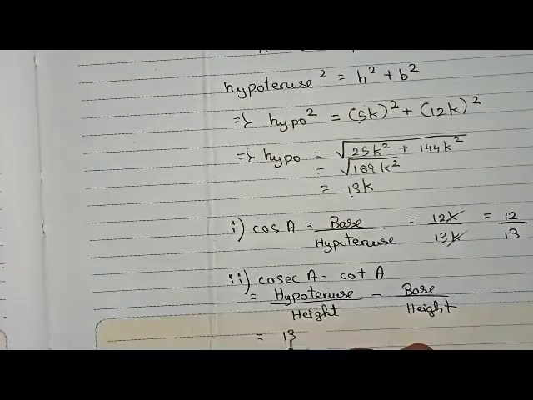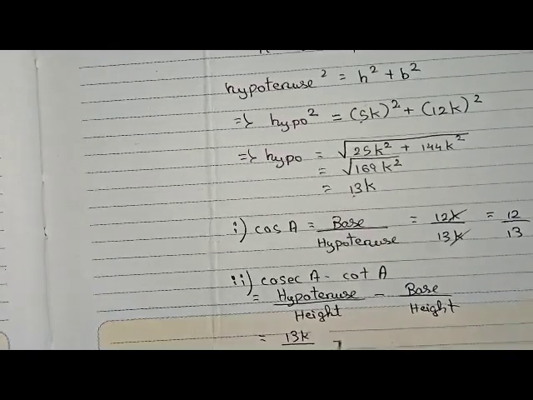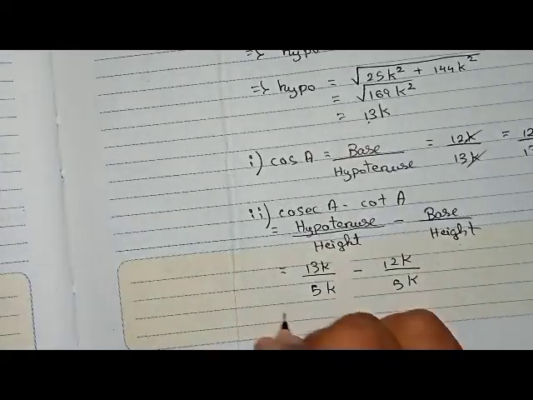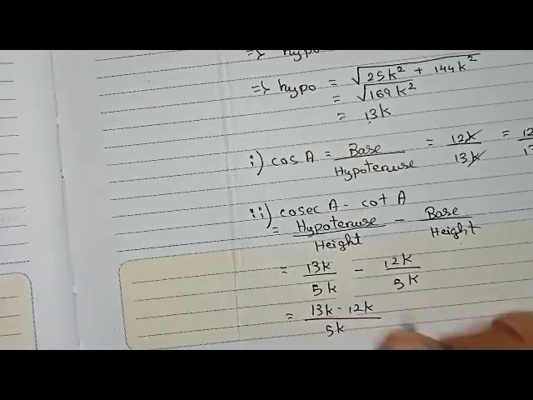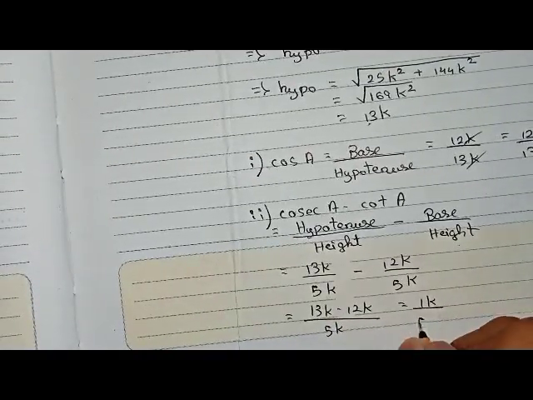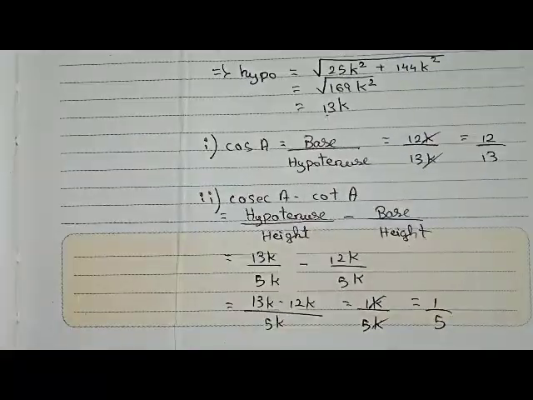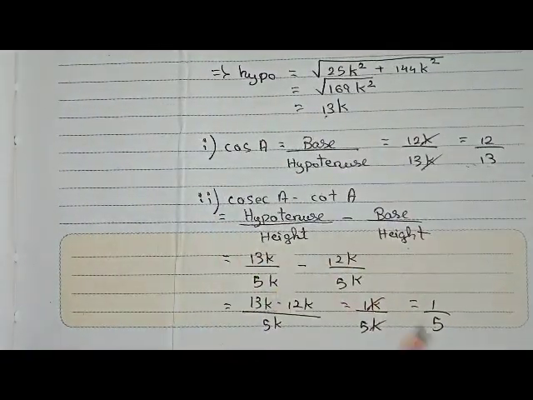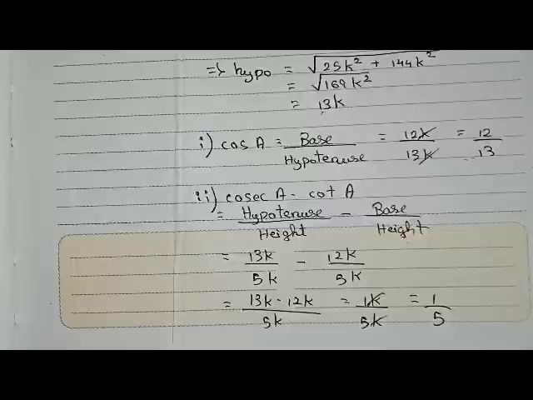So hypotenuse is 13k by height, that is 5k, minus base, that is 12k, by height, that is 5k. So 13k minus 12k is equal to 1k by 5k. So cut k, it will be 1 by 5. So the answers for this question will be number 1, cos A is equal to 12 by 13, and number 2, cosec A minus cot A is equal to 1 by 5. So this is the final answer for this question. So let's move on to our next question.